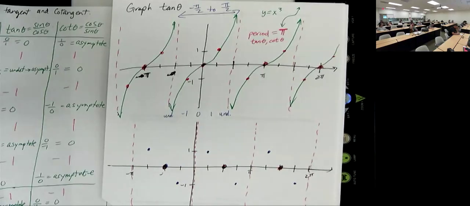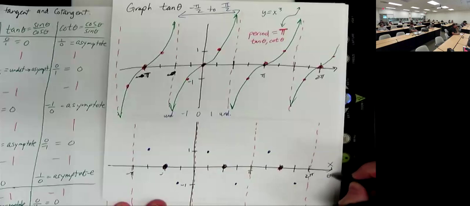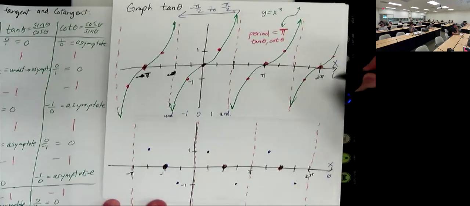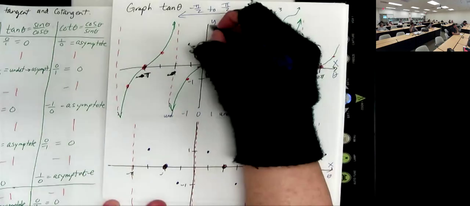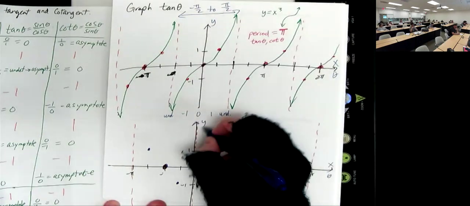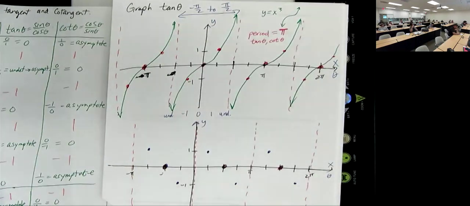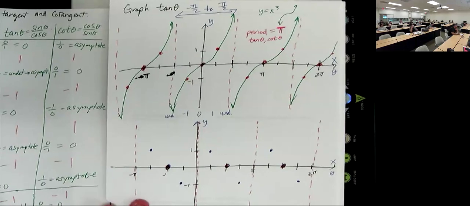Have to do the inverse. So x or theta. So I go theta down to pi and across is for cotangent an asymptote. So we have an asymptote at pi.